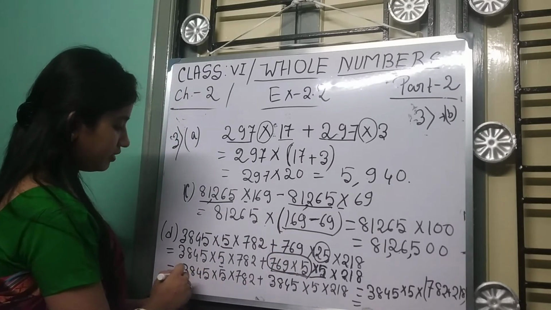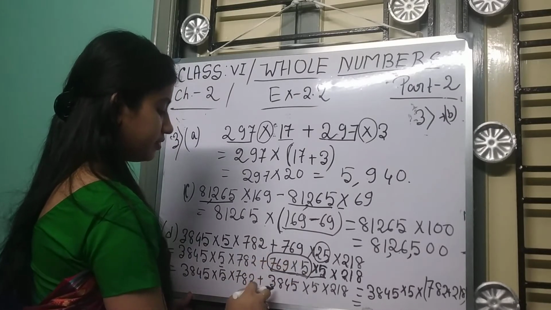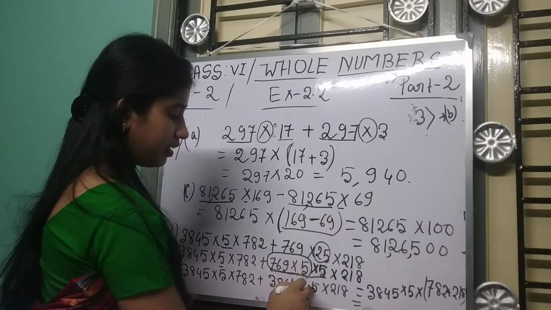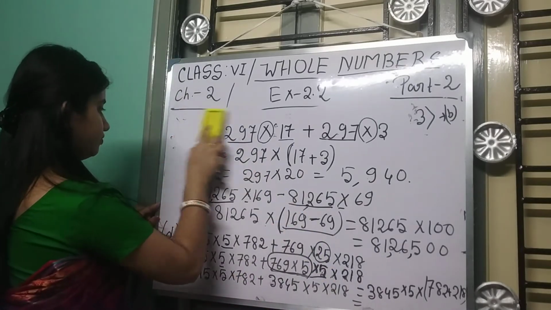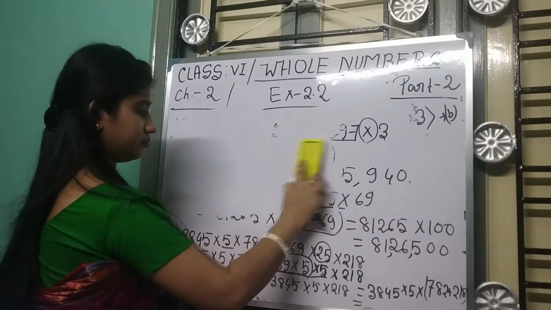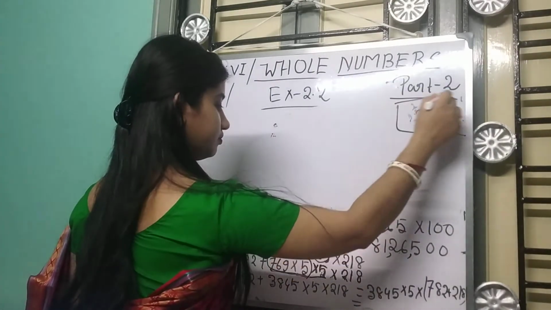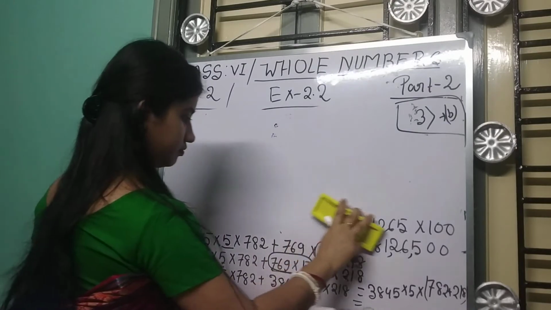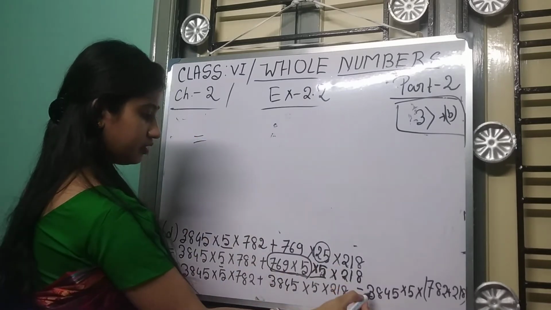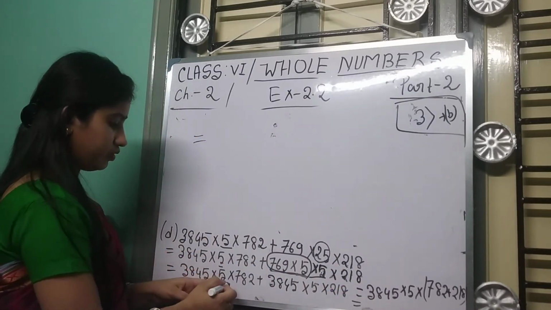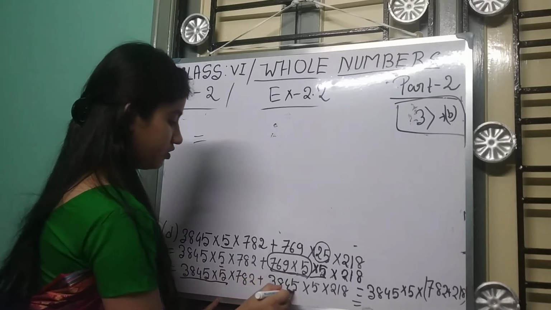Now in the next line we write this same as this plus 769 into 5, that is 3,845 into 5 into 218. 3,845 into 5 is common because here is 3,845 into 5 and here is also this.